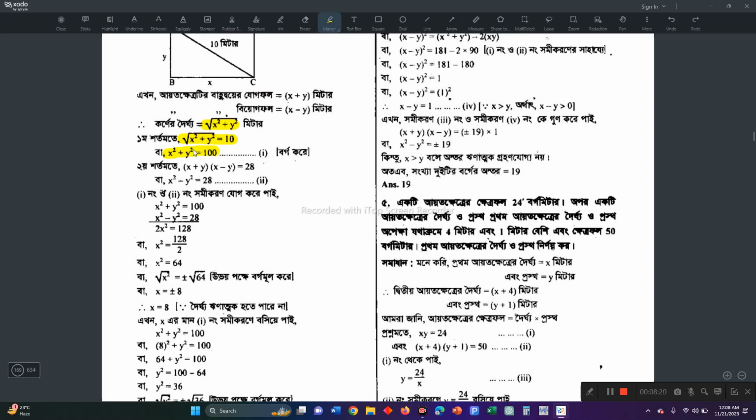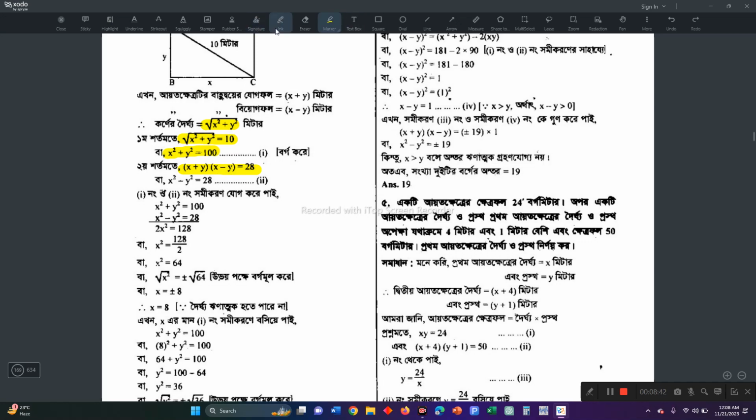Okay, so how can we get this? We know x plus y into x minus y is equal to 28. According to the second condition, the sum of the length and breadth is equal to the length of the second rectangle, and the difference of the length and breadth is equal to the breadth of the second rectangle.